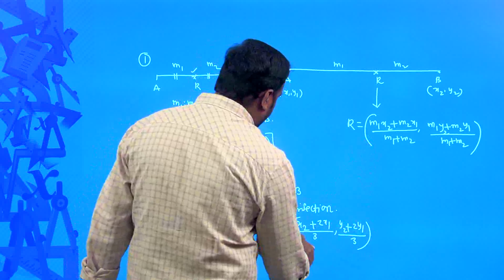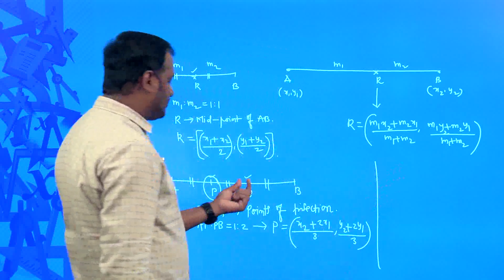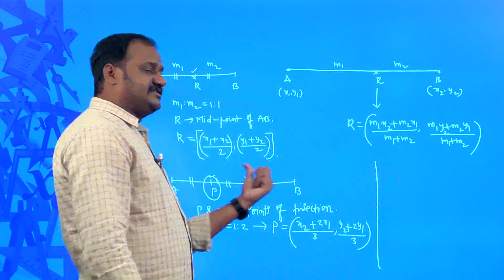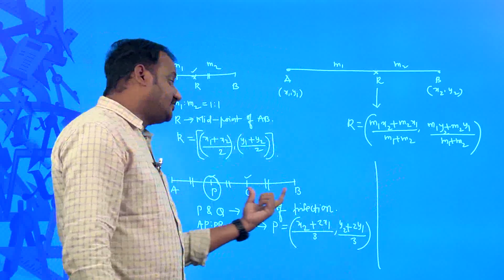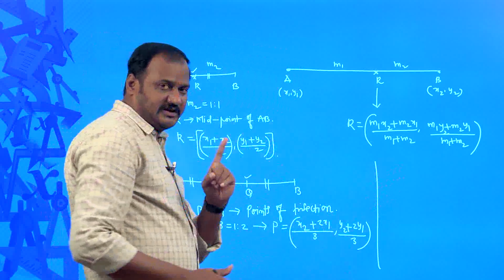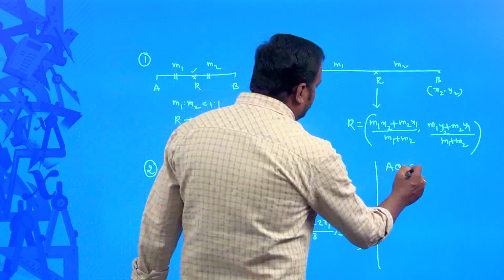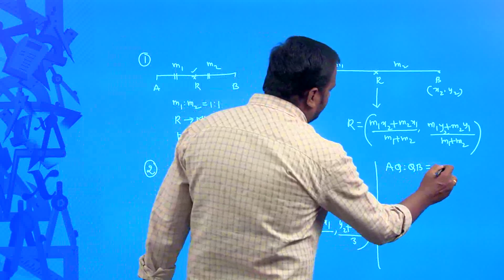So, this is one point of trisection, and what is the other point of trisection? That is Q. How does this Q divide the line segment AB into the ratio AQ is to QB? So, here AQ is 2 parts and QB is 1 part. So, that AQ is to QB is going to be 2 is to 1, right.